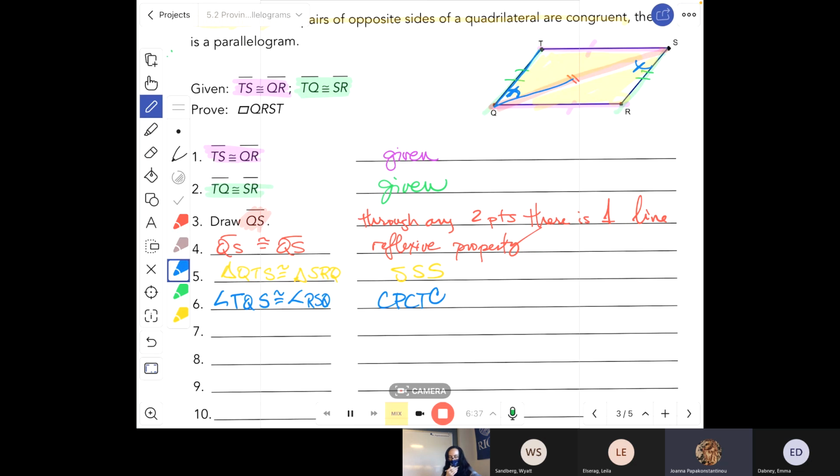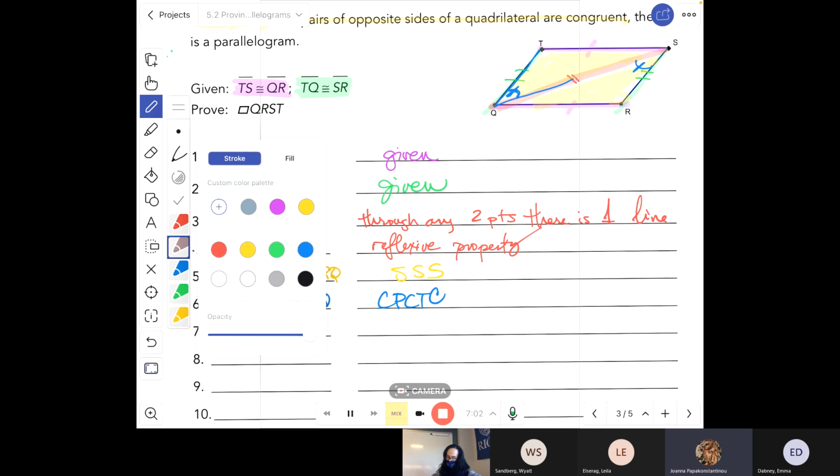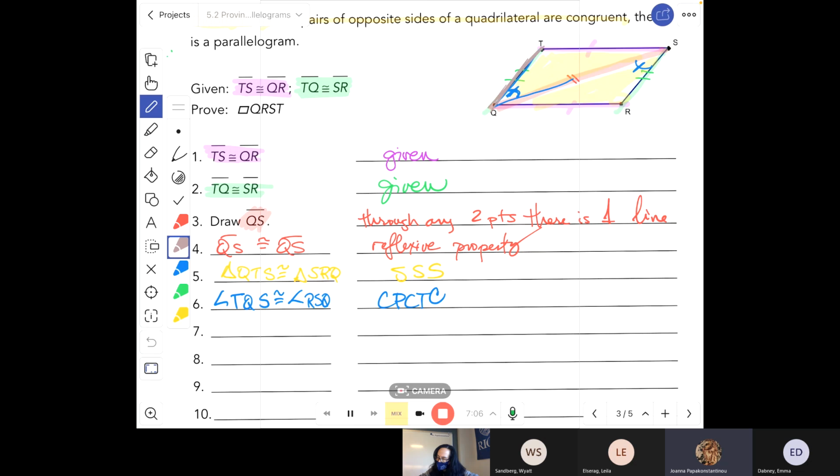Okay. Now, there's kind of two more pieces to this. So if I am looking at these congruent triangles and I'm looking at their corresponding parts, then what do I know perhaps about other pieces of these triangles? Like perhaps maybe I'll give you a hint. What if I look at TQ? What can I say about TQ?